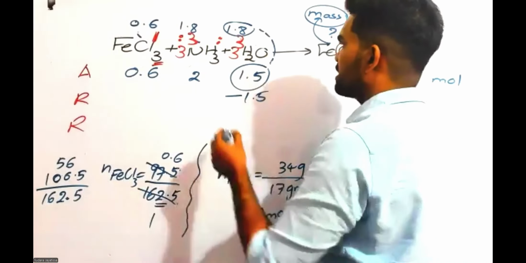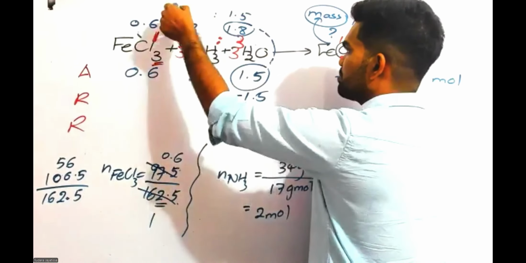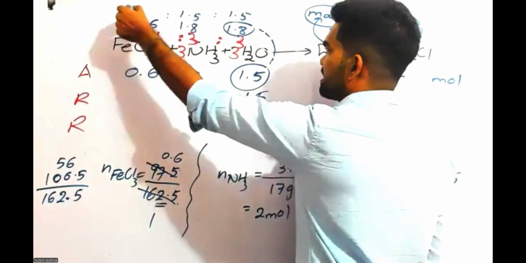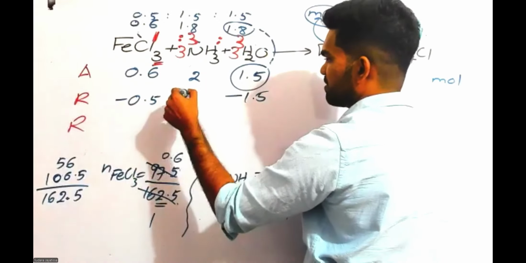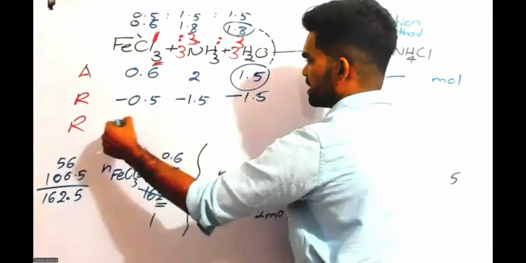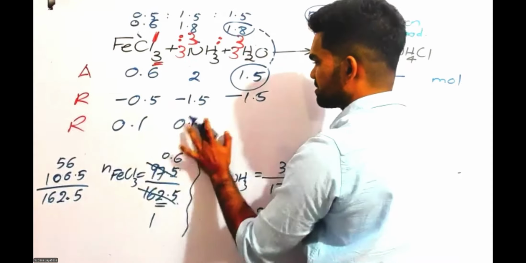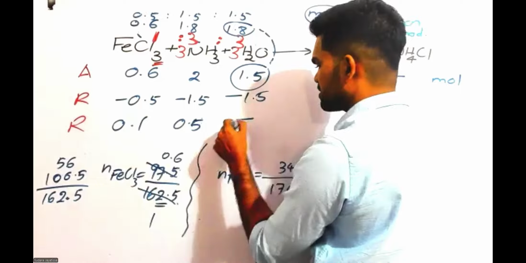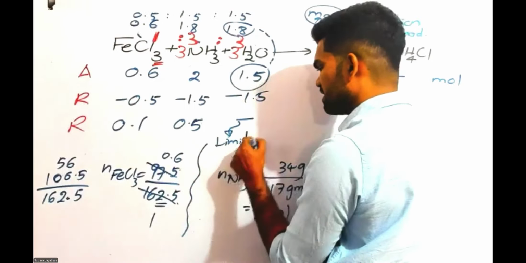Okay, and accordingly, if this 1.5 reacted, this side 1.5 will react, and this side 0.5 will react. 1/3 of that one. So 0.1 is remaining, 0.5 is remaining. Here nothing remaining. So we call this reactant as what? Remember? Limiting reactant.